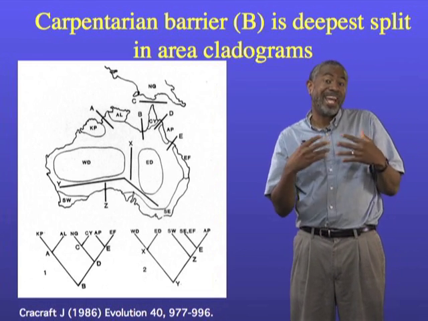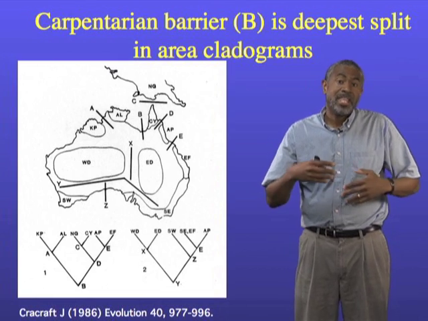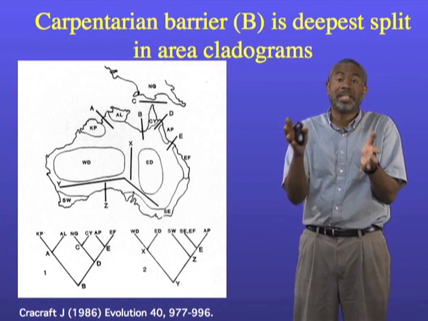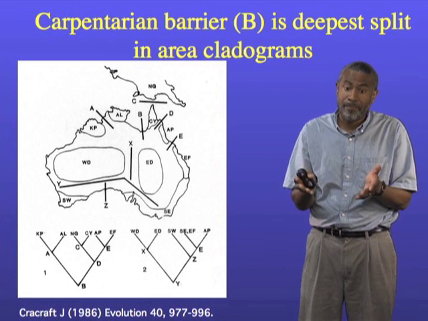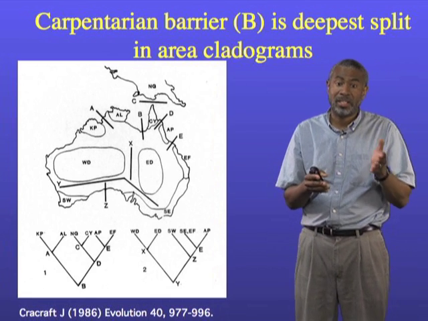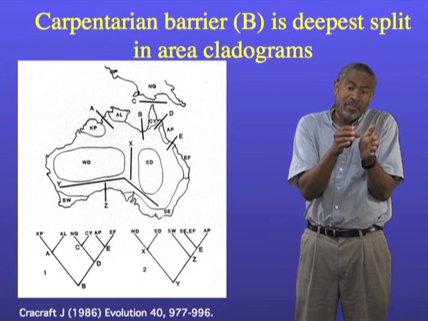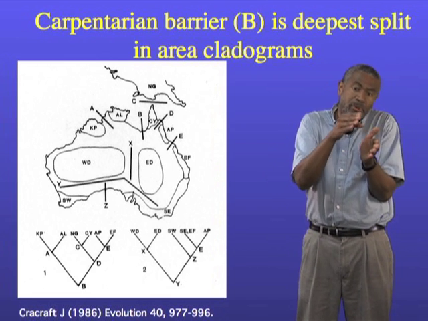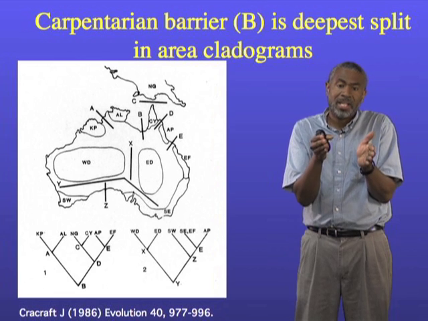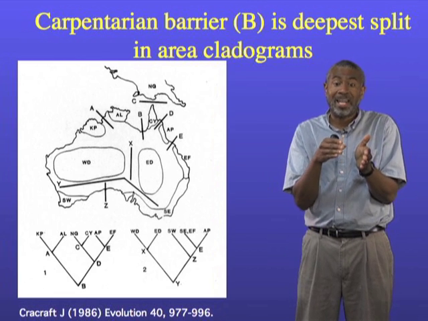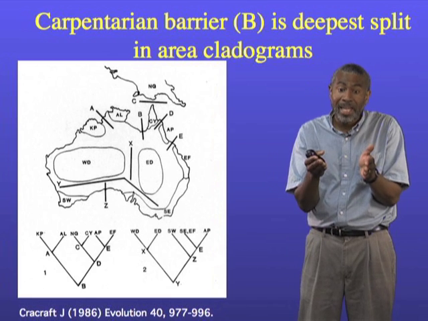These are called area cladograms. They are essentially summaries of the relationships of different populations around Australia. So you can see, for example, in the area cladogram on the left part of the screen, we've got several regions around the periphery of Australia. You've got KP, which stands for the Kimberley Plateau. You've got AL, which stands for Arnhem Land.